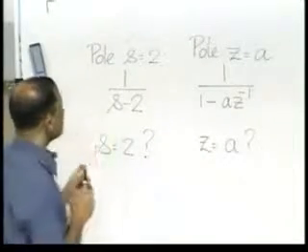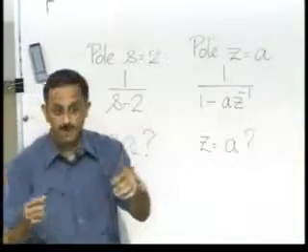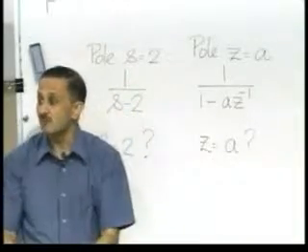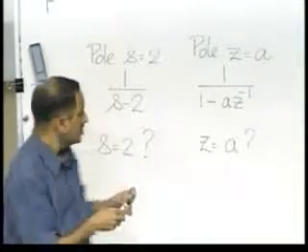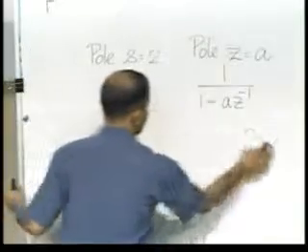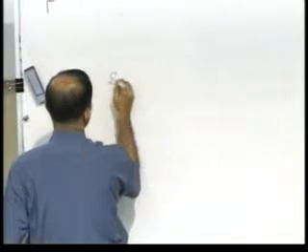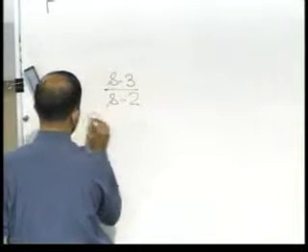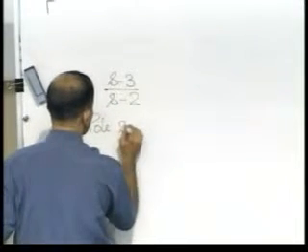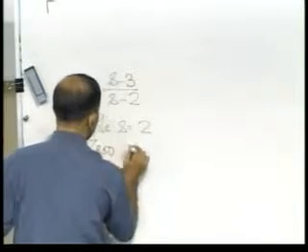And what about the role of those points at which the numerator goes to 0? At those points, the function itself comes to 0. So they are called the zeros of the function, right. So we have poles and zeros. So for example, s minus 3 by s minus 2 has a pole at s equal to 2 and a 0 at s equal to 3.